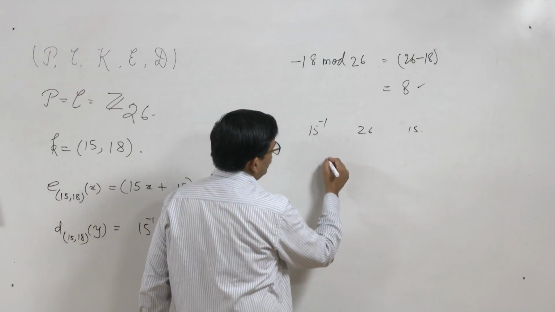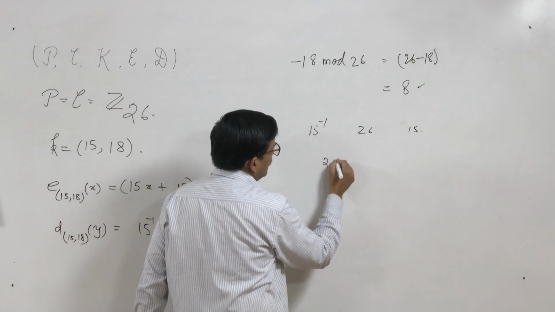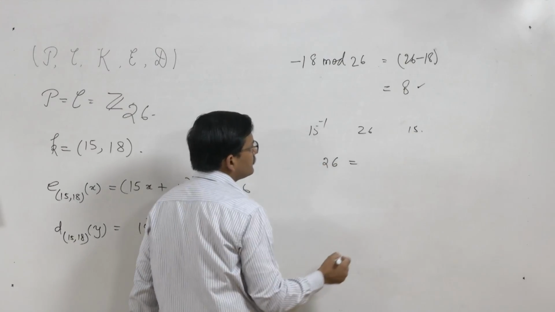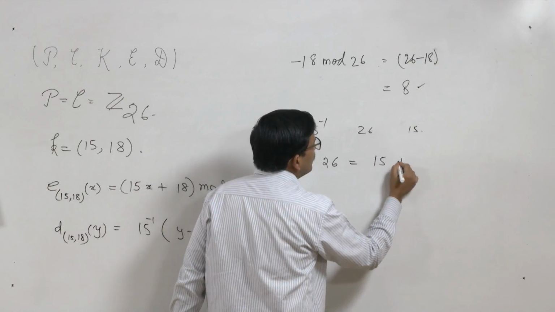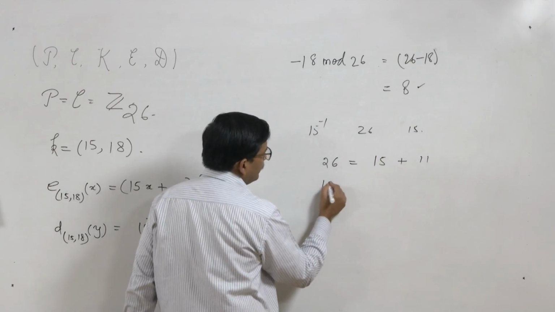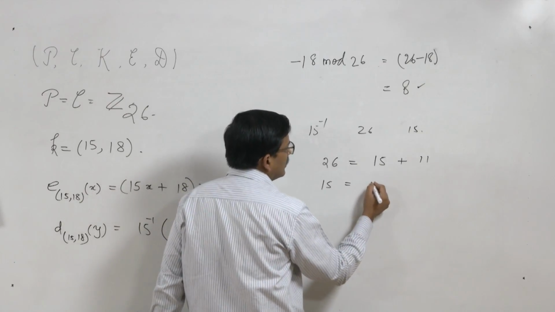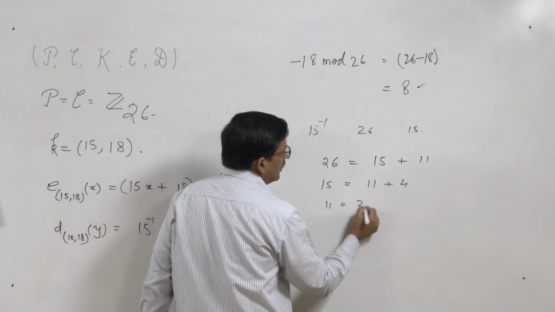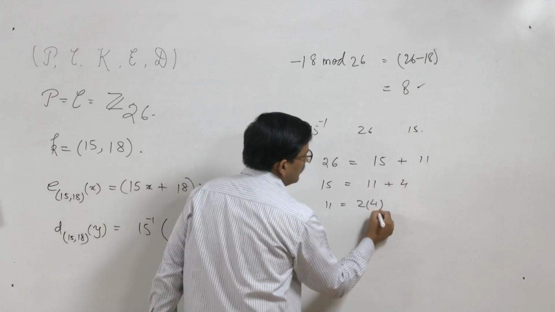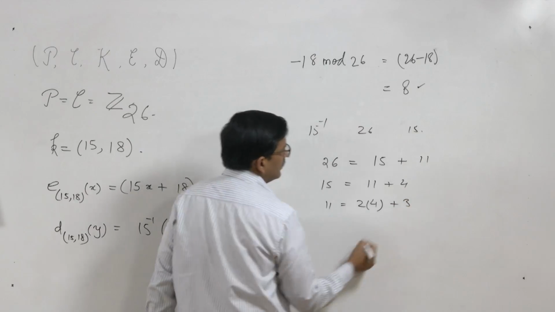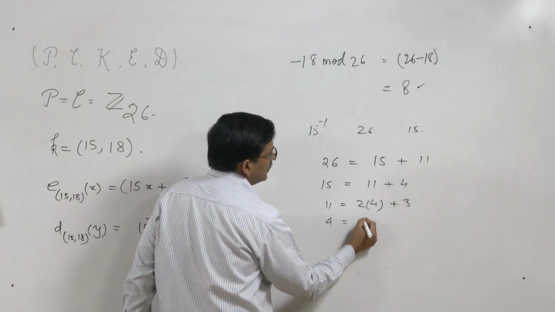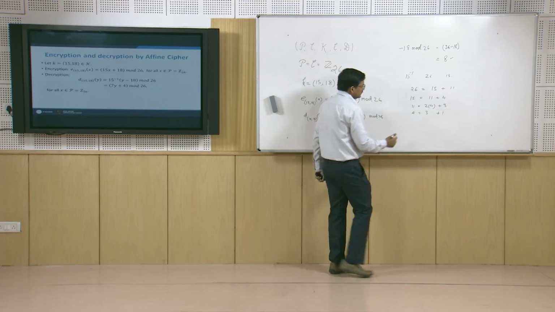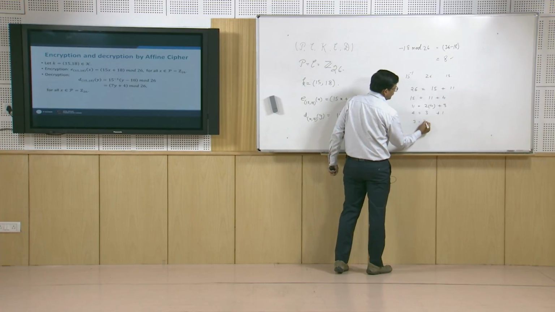So, 26 is equal to 15 plus 11, then 15 is equal to 11 plus 4, and then 11 is equal to 2 times 4 plus 3, and then 4 is equal to 3 plus 1, and then of course 3 is equal to 3 times 1.